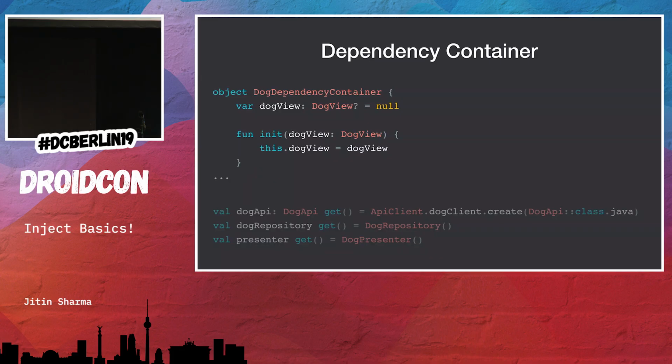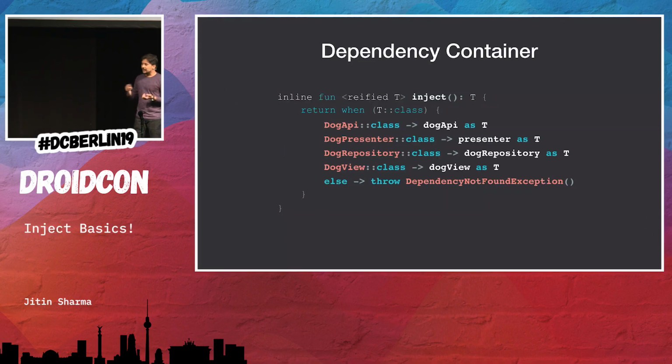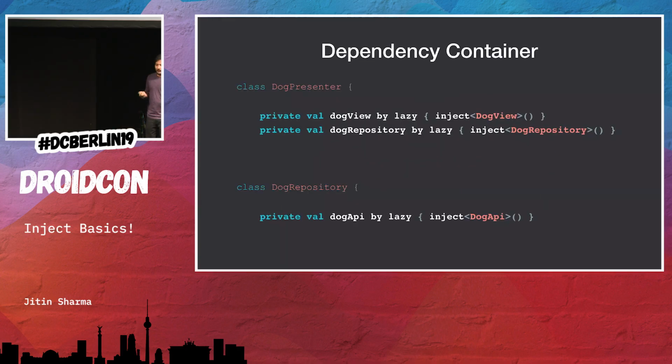So now in this container, I have repository, I have presenter, I have API, and I have view contract. I can create a class resolving function whose job is to resolve classes out of this. It's like a nicer API to get dependencies out of this container instead of directly referencing them. And then I have presenter and repository. In repository, I can get the API. In presenter, I can get the view and repository, all the dependencies which it needs.